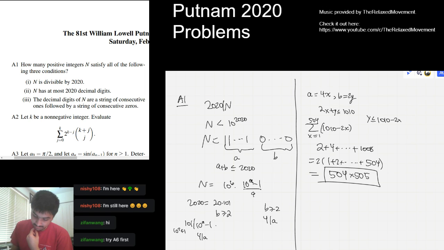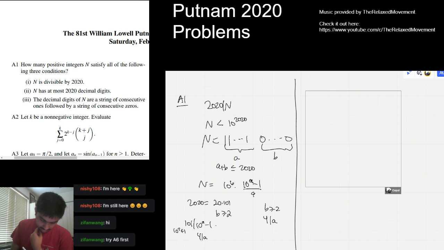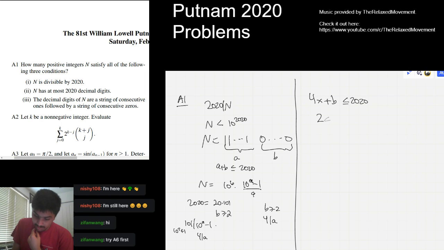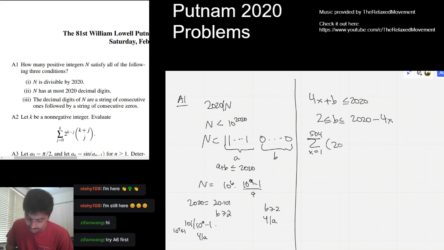So I think all this stuff is wrong. It's like 4x plus b is less than or equal to 2020. So 2 is less than or equal to b, less than or equal to 2020 minus 4x. So essentially we're summing x equals 1 to, again, 504 of 2019 minus 4x.